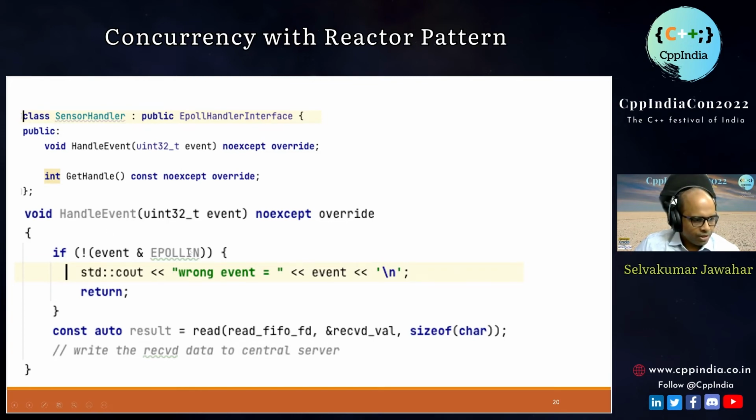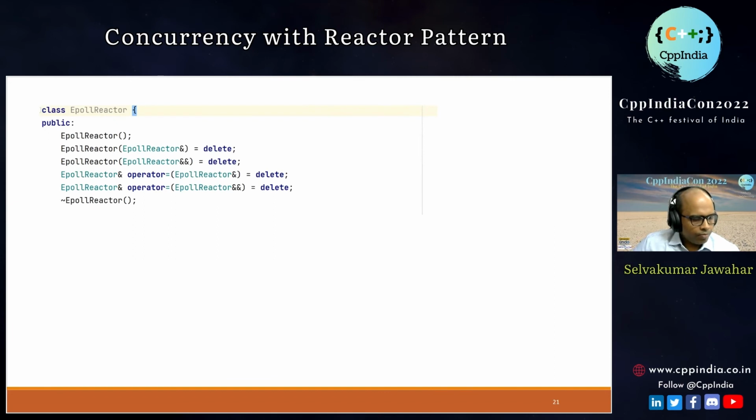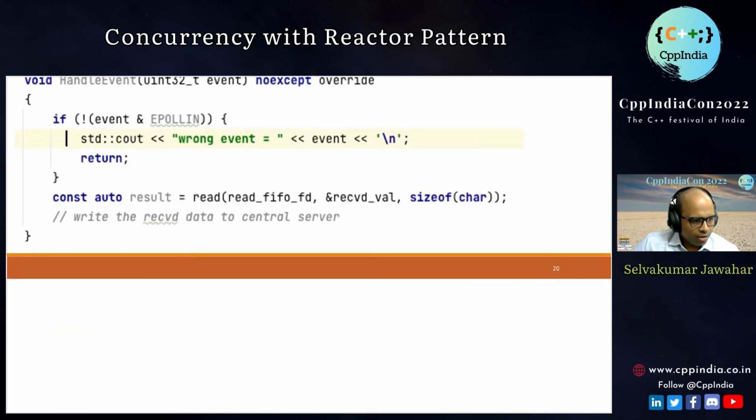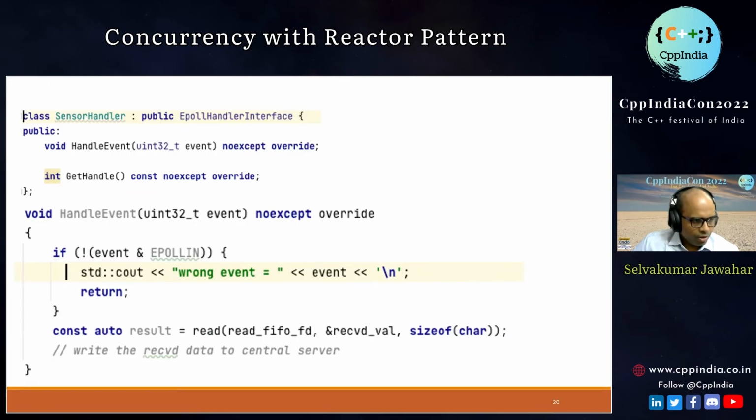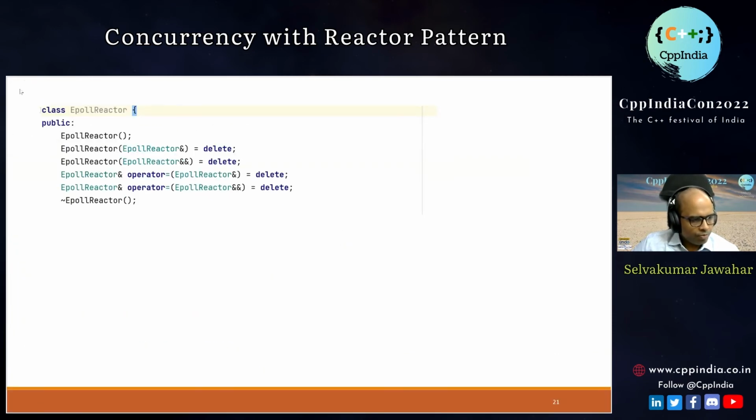We first check whether it's an input event, then we read the data, and here you can add the code to write the data to the central server. So that's the handler on the application side.